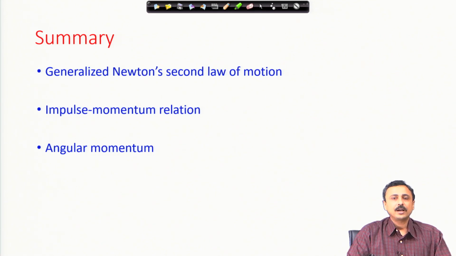And as I mentioned, these two equations, the generalized Newton's second law for a system of particles and the angular momentum governing equations, completely define the dynamics of a system of particles.